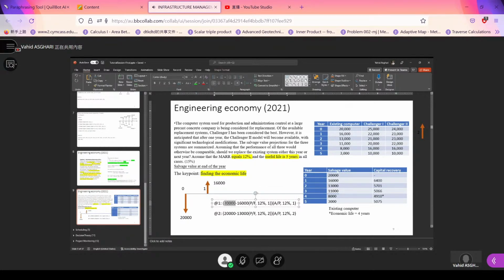It will be $20,000 minus $16,000, and we find the present value of its future worth with 12% and only one period. Then for this whole number, we find the annual representation based on the present worth, 12% and 1 year. For year two, it will be 20,000 minus 13K. Again, the same equation. Is it clear now?